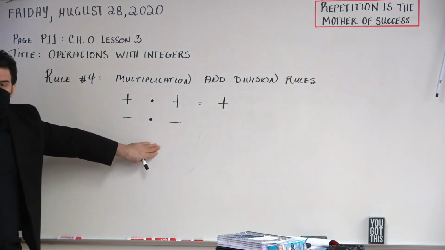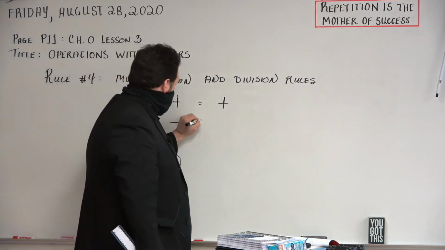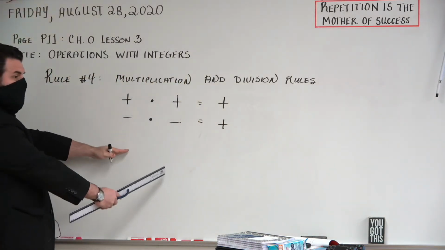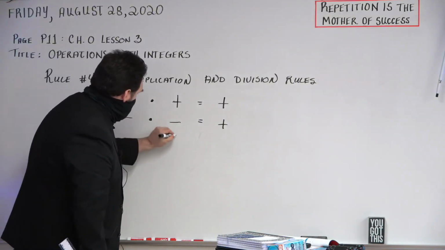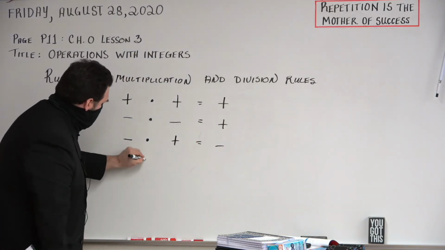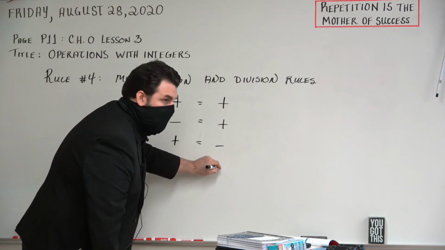Only in multiplication and division does the rule apply. A negative times a negative equals a positive. Now, when the signs are different, it's always going to be negative. So a negative times a positive equals a negative, and a positive times a negative equals a negative.